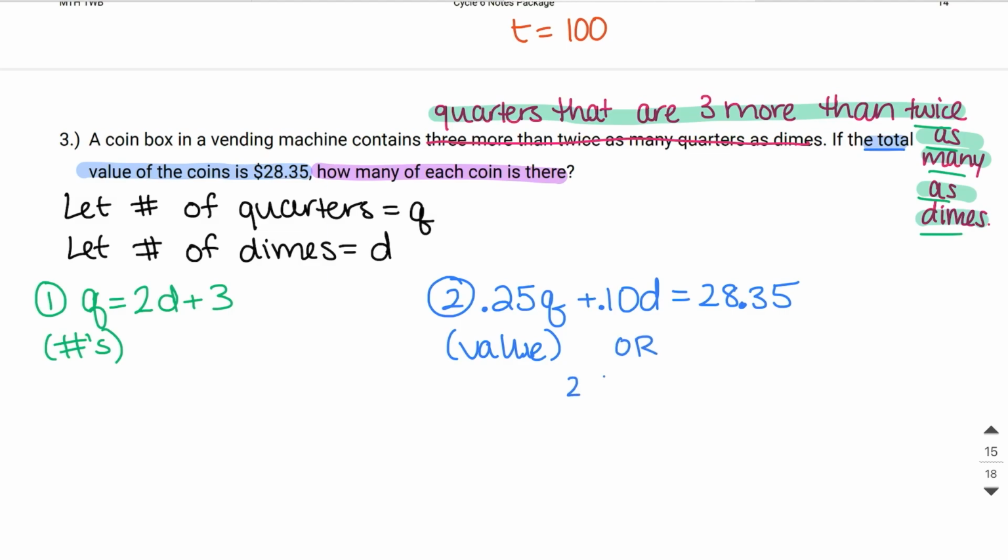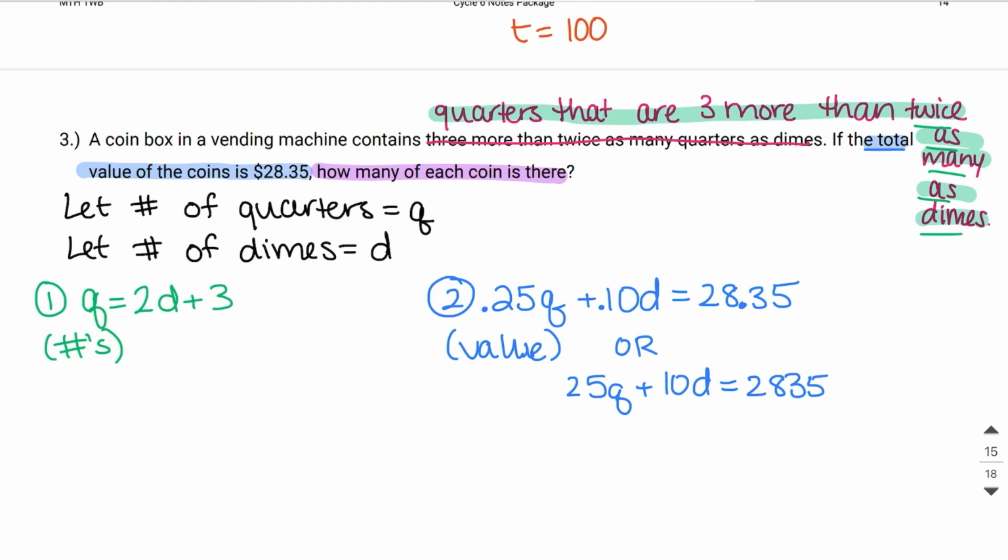or if you don't want those decimals, that's totally fine. We could still say 25Q plus 10D, but now we have to say it's 2,835 cents altogether, right? Like if you see here, you're just multiplying this whole entire equation by 100 pretty much. Okay, you're moving the decimal places over twice.